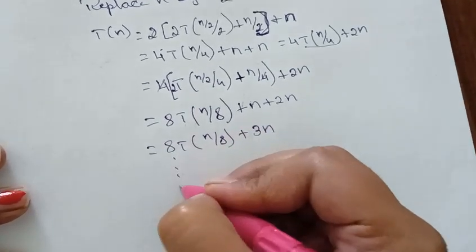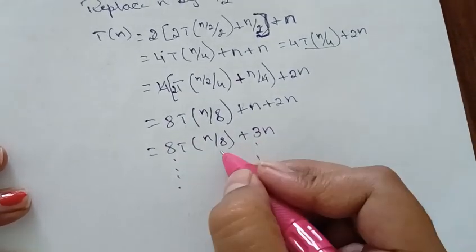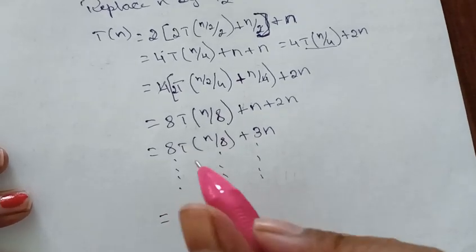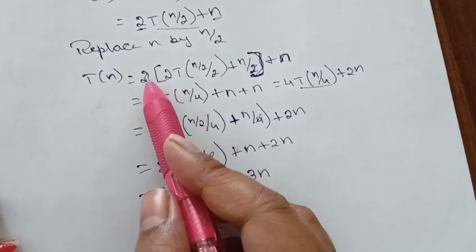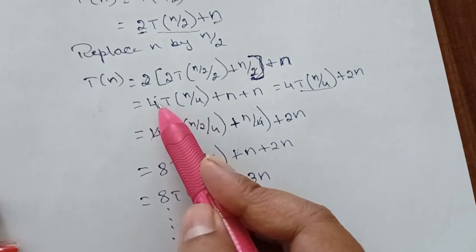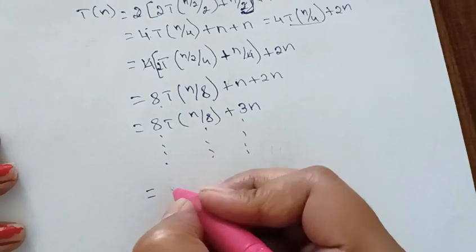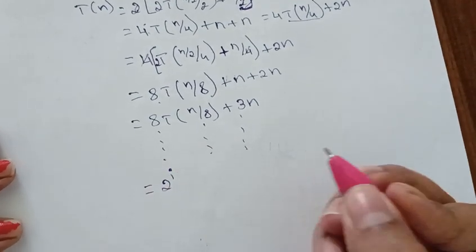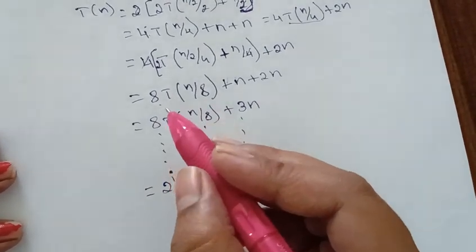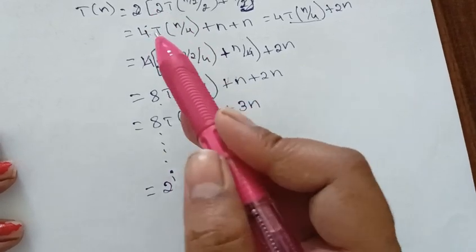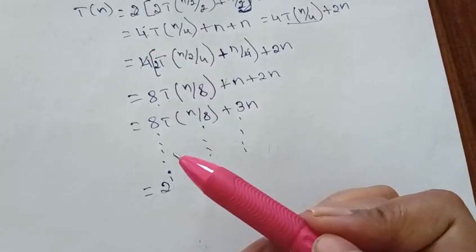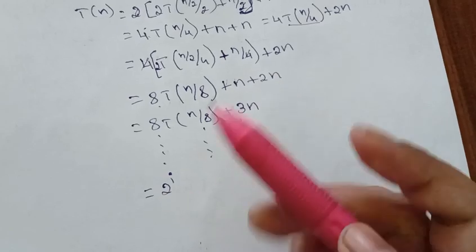If I keep on doing it like this, what I'll get? See, initially I had 2, here 4, that is 2 power 2, 8, 2 power 3. So I'll just write it as 2 power i in general, because I'll be just having 2 power 1, 2 power 2, 2 power 3, 2 power 4, like that. So 2 power i.